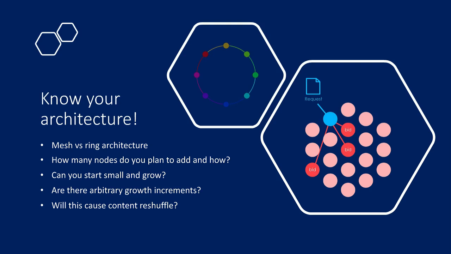Okay. So also then knowing your architecture here, we see this a lot in the field, that ring-based architecture or ring-based clustering is a common choice among some of the object vendors. And the reasoning for that is, from a computer science point of view, it's an easy clustering mechanism to implement.